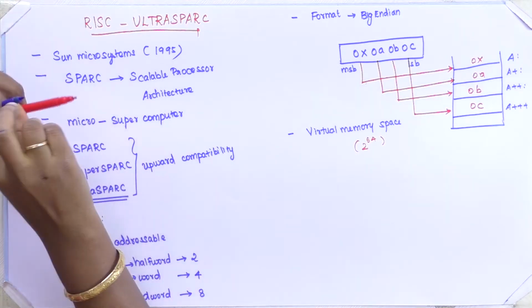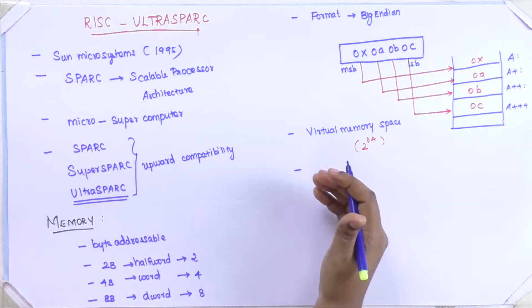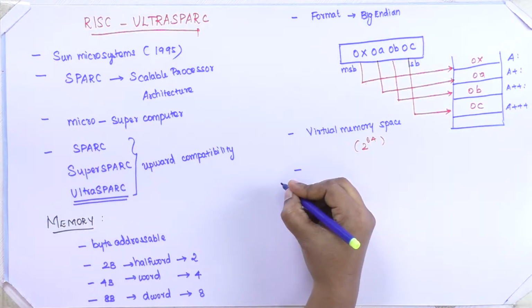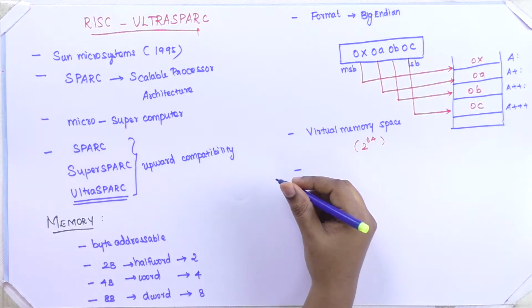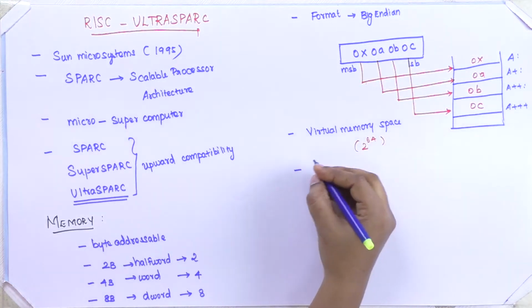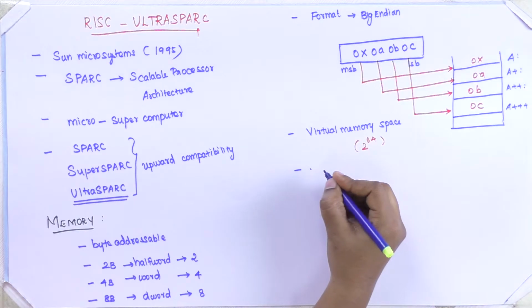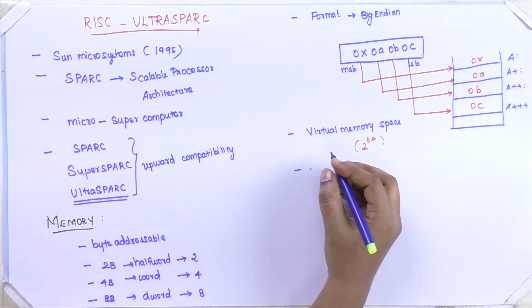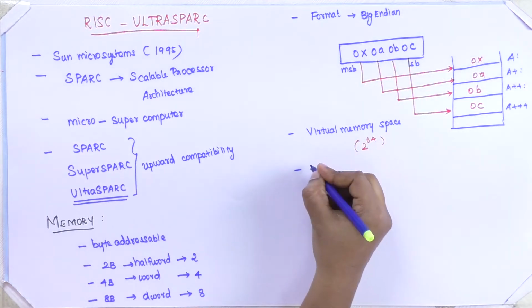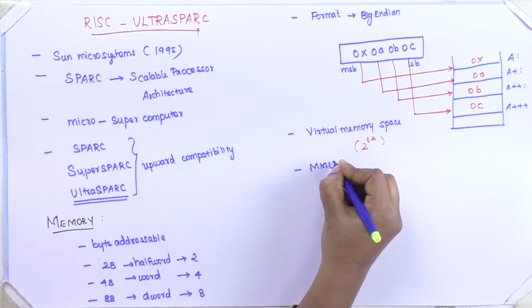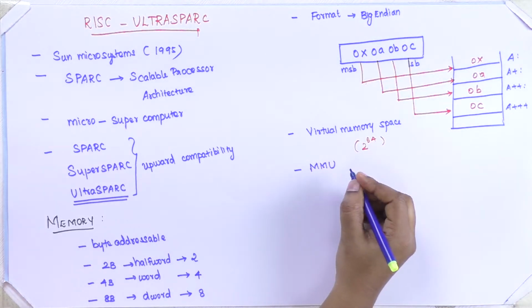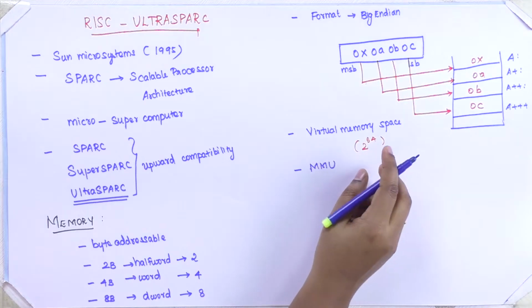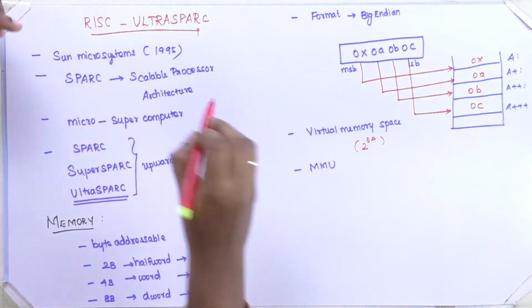During execution, the data stored in the physical memory has to be converted to the logical memory. That is done by the memory management unit of the operating system. That's all under the hardware feature, memory.